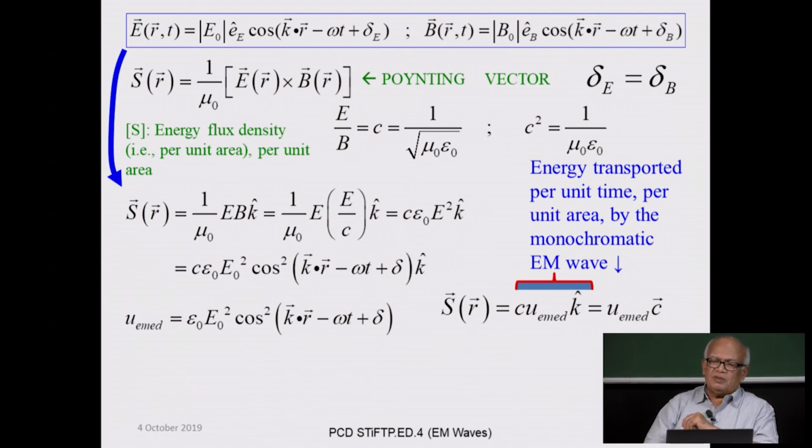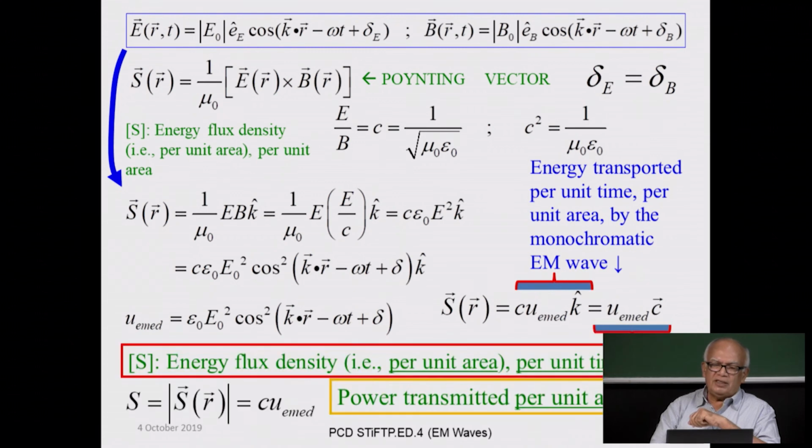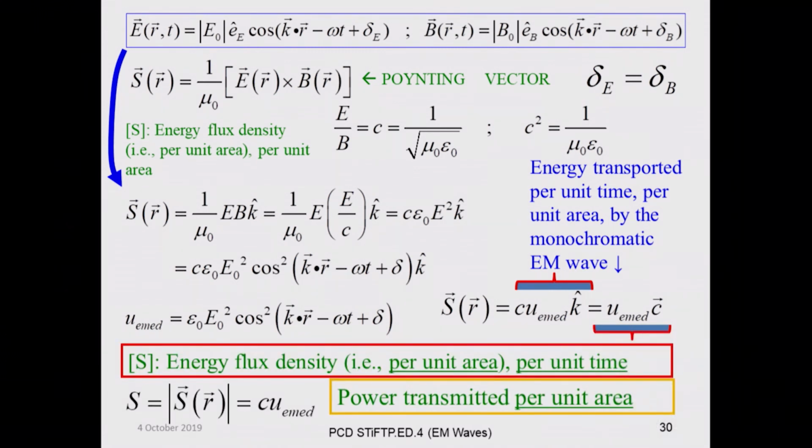And the energy transported per unit time per unit area is given in this energy density. So this is the Poynting vector, and essentially it represents the power transmitted per unit area, because it is the energy flux density per unit area per unit time.